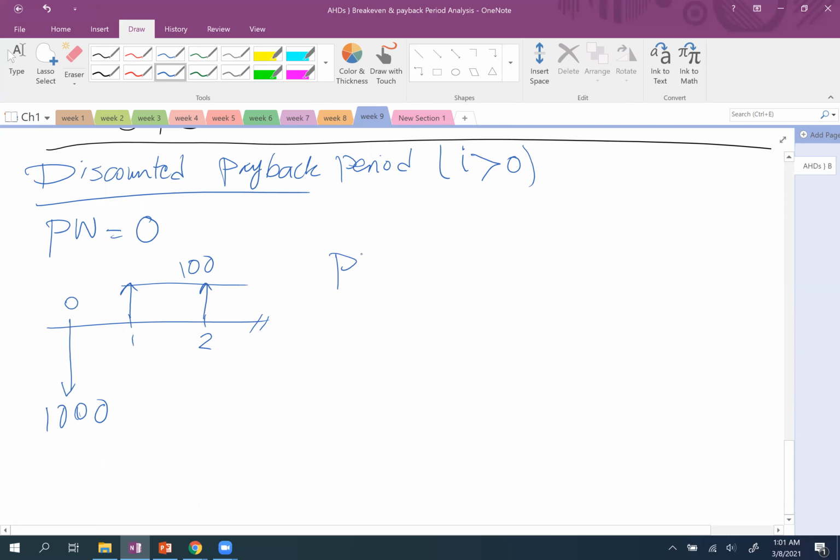You need to determine present worth as a function of n, set it equal to 0.